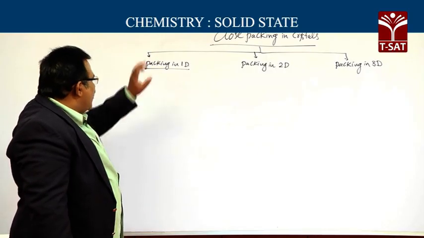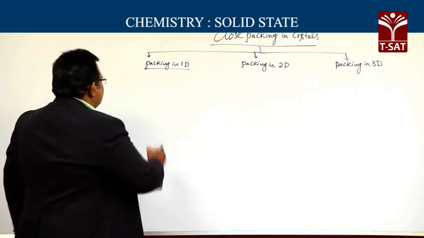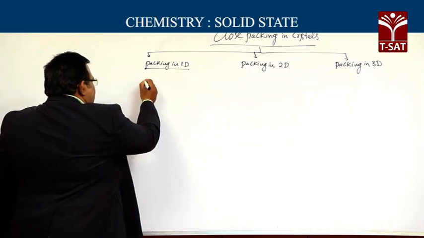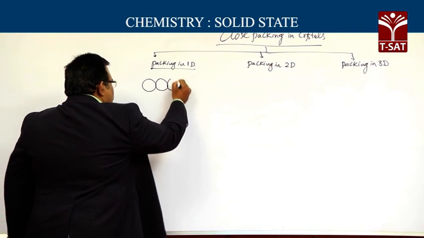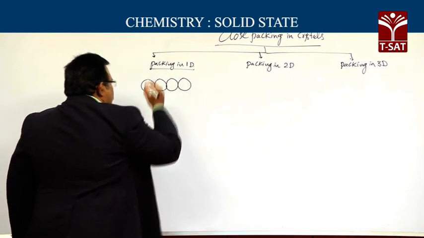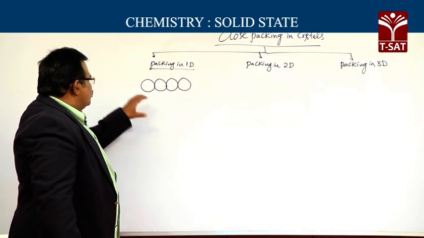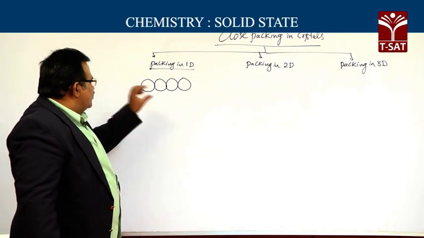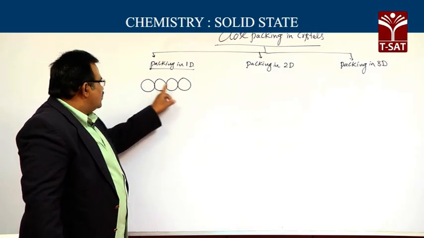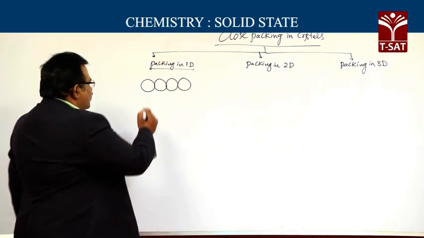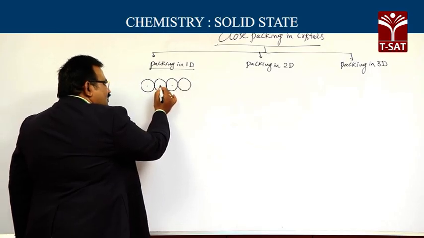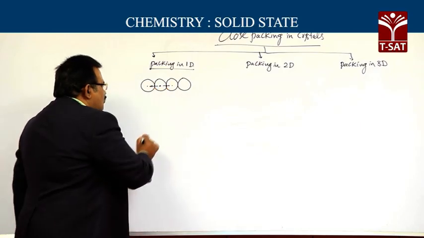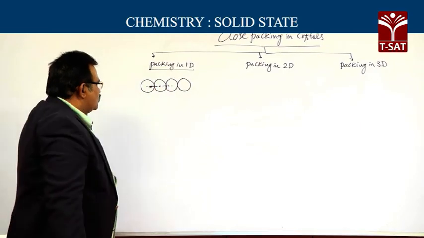When you talk about packing in single dimension, this is one sphere, adjacent sphere, adjacent sphere. So, in the crystal, the simplified structure is this type of packing, sphere by sphere. See here, this middle sphere is in contact with 2 other spheres.